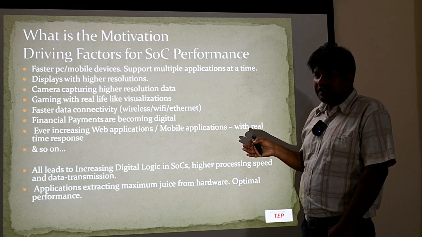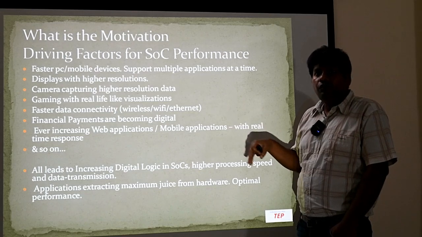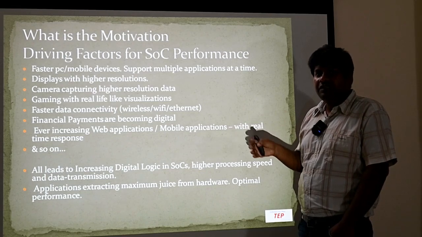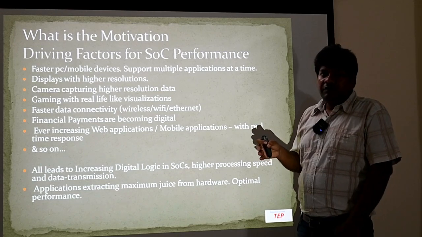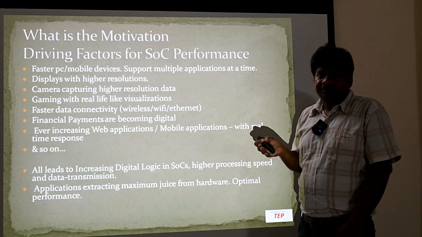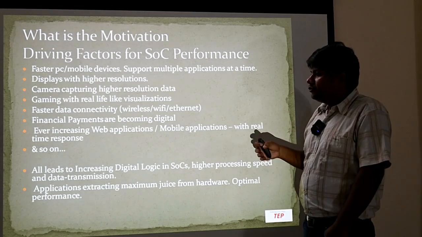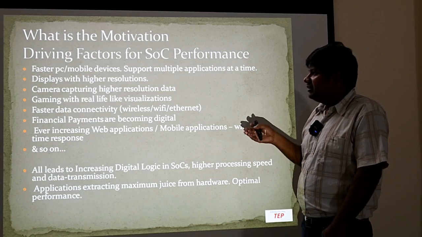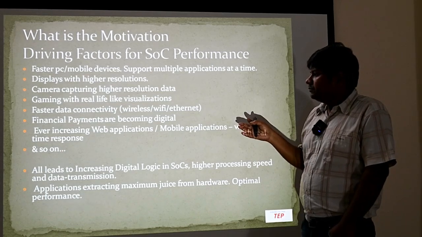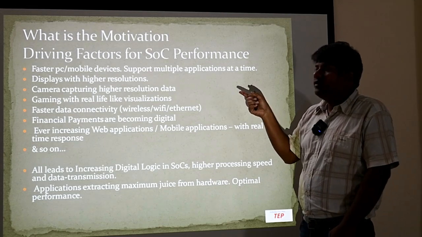We do not want to feel any lag, and applications have also become intensive in consuming CPU power as the CPU power is increasing. So our applications are also changing, and we want to run multiple applications at the same time. We want a real life like feel, and we do not want to experience any lag. So that all needs faster performance.